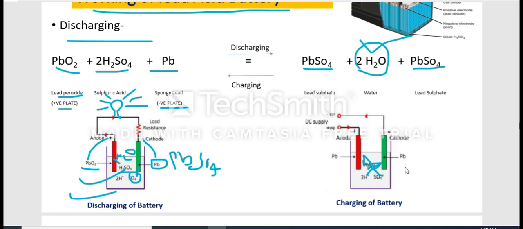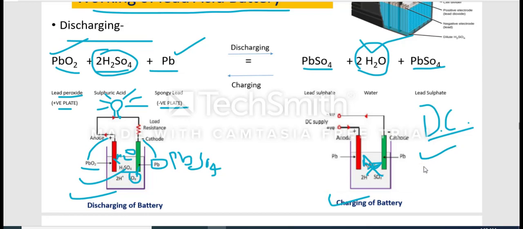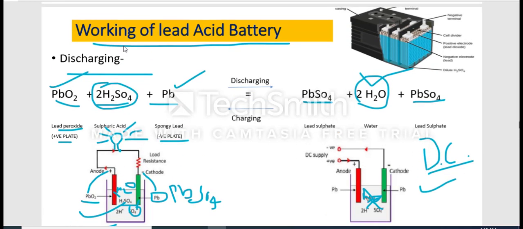And because of that, PbSO4 and 2H2O form spongy lead and lead peroxide, and the concentration of the H2SO4 again comes to its original level. This is the charging process, and charging is done by using a DC supply. In an automobile, the charging takes place by using an alternator or dynamo. So this is about the working of lead acid battery.